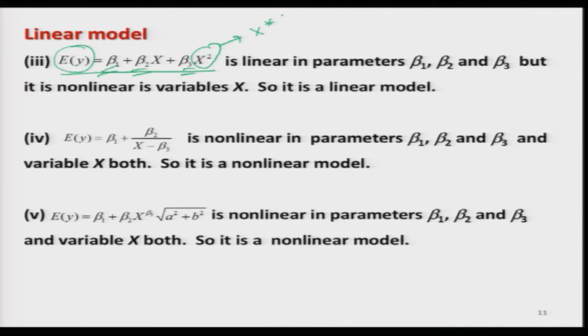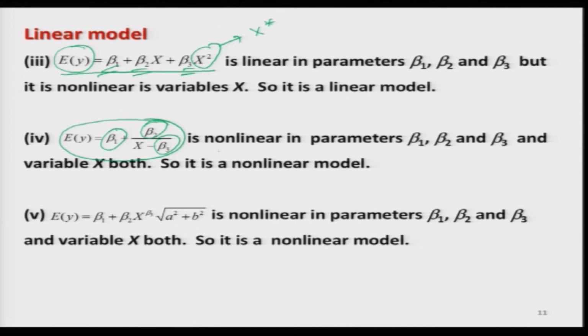So, this is again a linear model, but if you try to take this type of model, in the fourth case expected value of y is equal to beta 1 plus beta 2 upon x minus beta 3, you can see that the partial derivatives of expected value of y with respect to beta 1, beta 2 and beta 3, they are not going to be independent of the parameters.